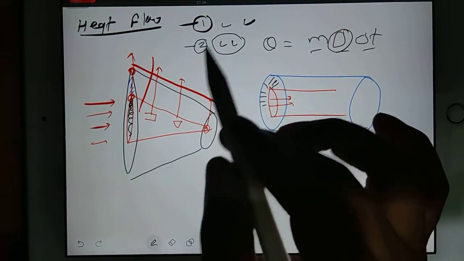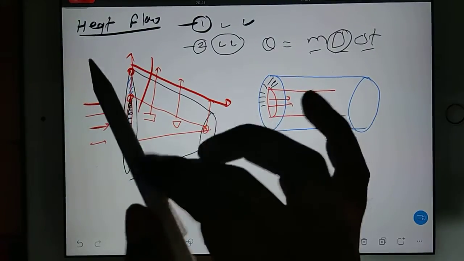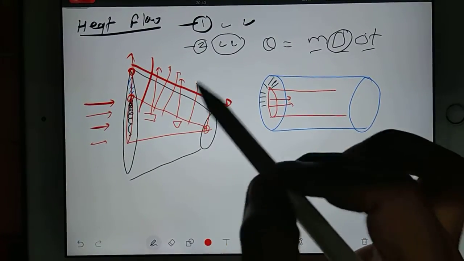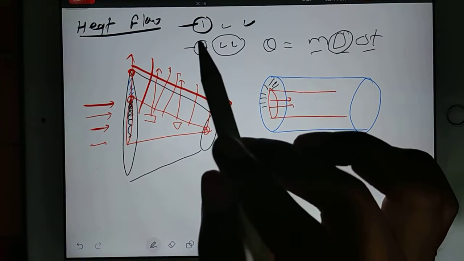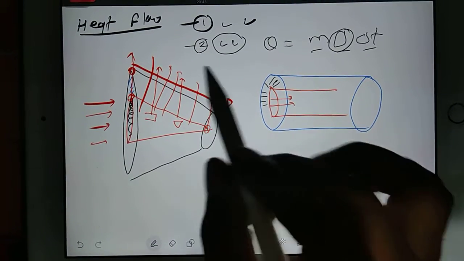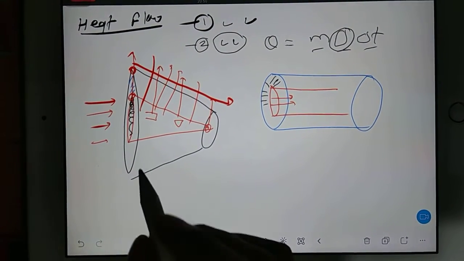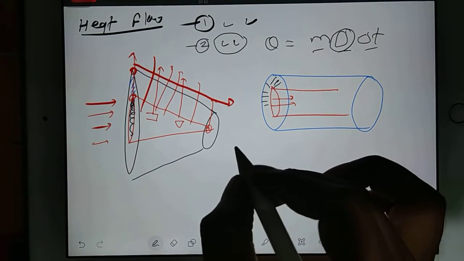For that kind of condition, first we should know how we tackle this kind of heat flow and what the equation is. So first I will write down the equation. Take down the statement.